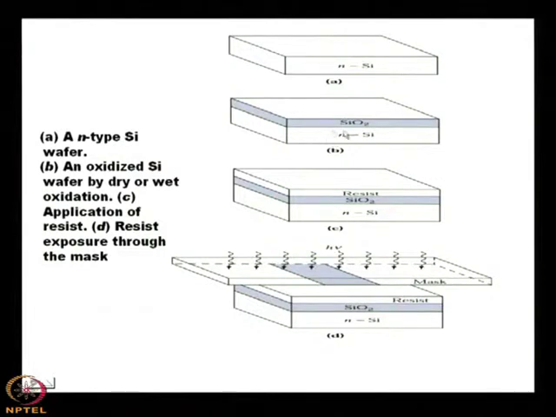Then we have to make an oxide layer on the silicon. Okay. How is this oxide layer done? This is done by the normal oxidation process, and in the normal oxidation process, generally the material to be oxidized, in this case the silicon, is put in an oven.